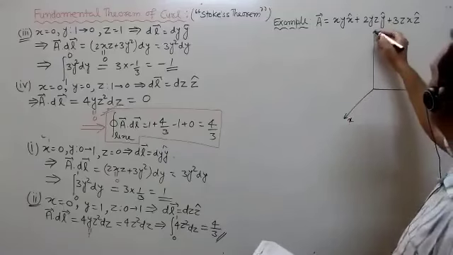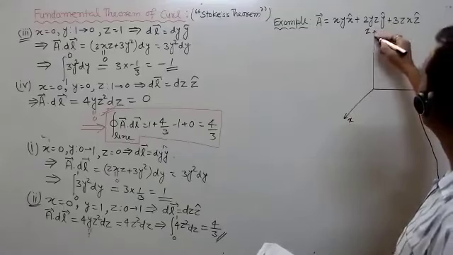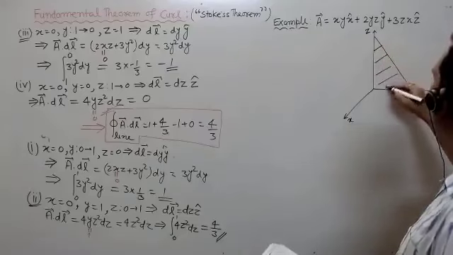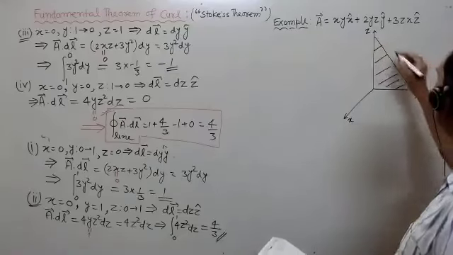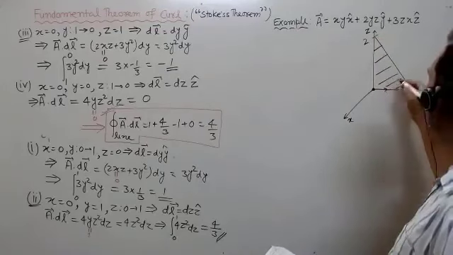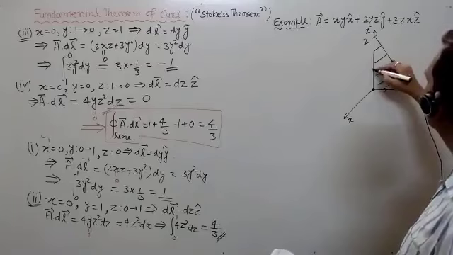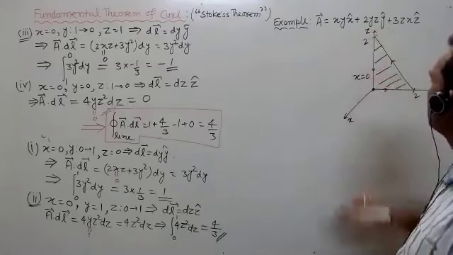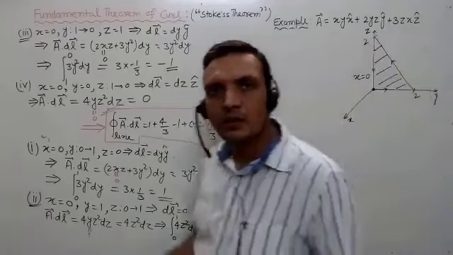Let us consider this as a triangular surface in x, y and z. This side is 2 and this side is also 2. This is the origin and this is the direction of integration. So again, this triangle is in the yz plane. So for this triangle, x is fixed, that is x is equal to 0.